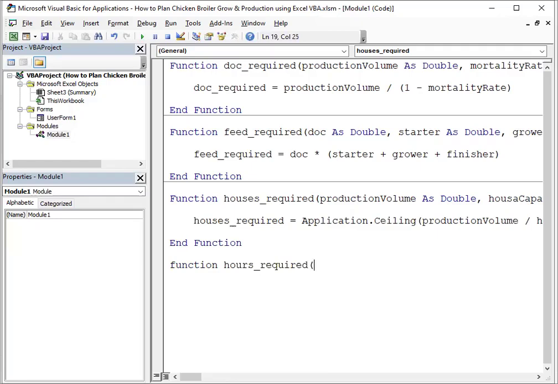Then, of course, we're going to base it again on production volume.